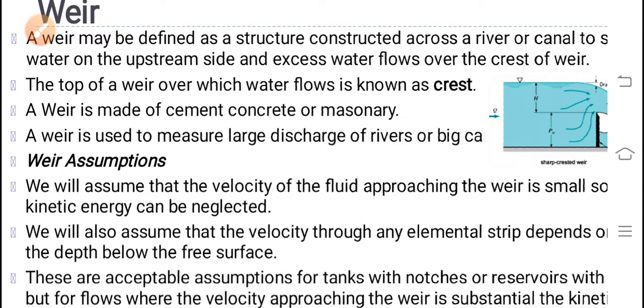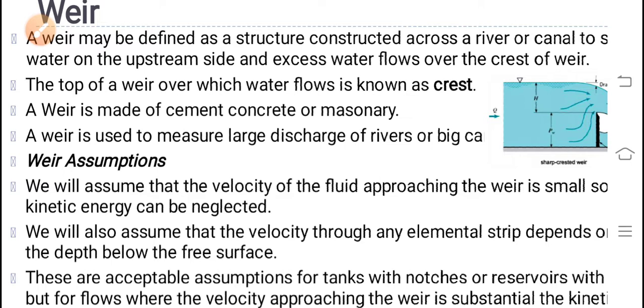A weir is made of cement, concrete, or masonry, whereas notches are made out of plates. A weir is used to measure large discharge of rivers or big canals, whereas notches are used in the laboratory for study purposes in small channels.